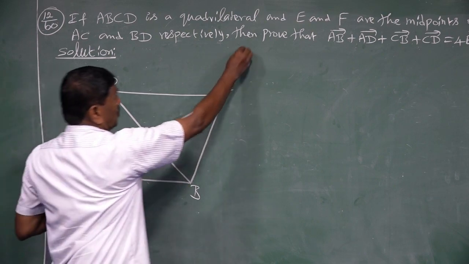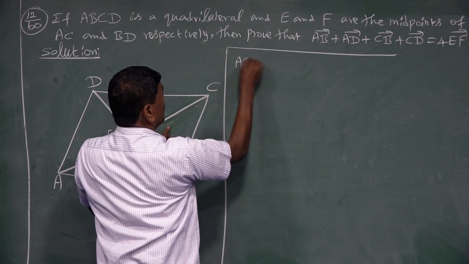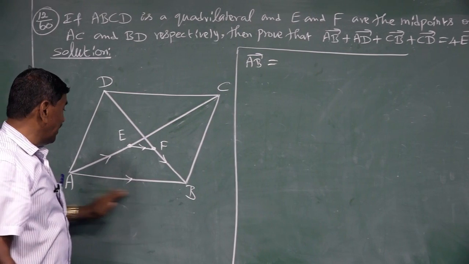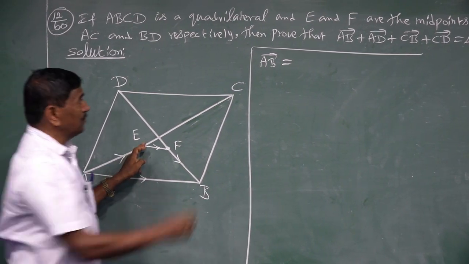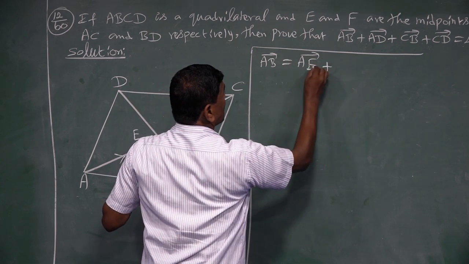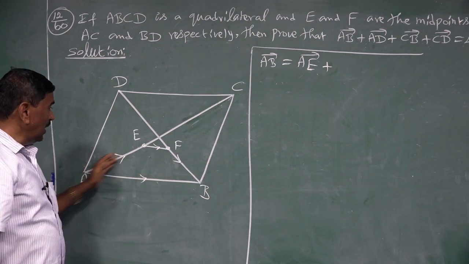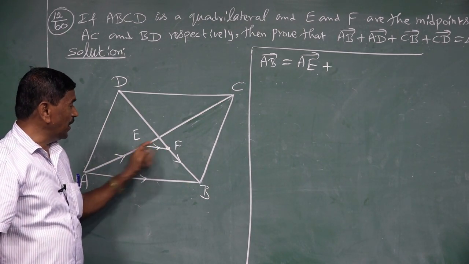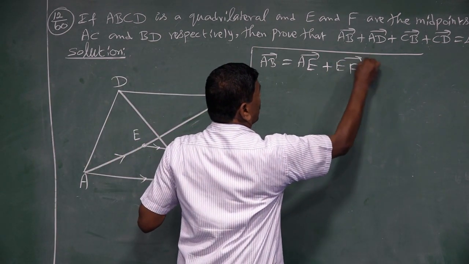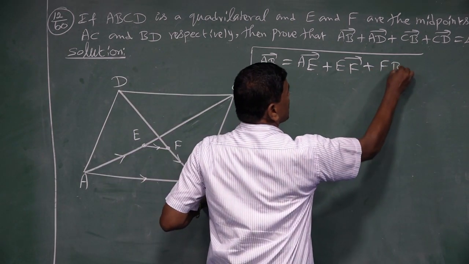Okay. Now listen, first term AB vector. AB vector is equal to AE vector plus EF vector, see E to F, EF vector, plus FB vector.